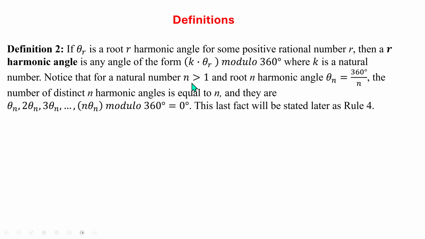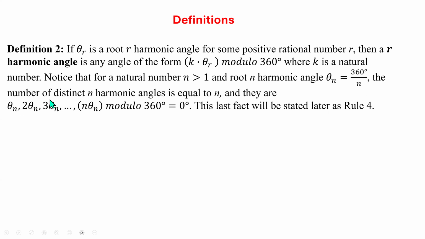Notice that for a natural number n greater than 1, and root n harmonic angle theta sub n equal to 360 degrees over n, the number of distinct n harmonic angles is equal to n. And they are going to be these angles in this order. Theta sub n is the root n harmonic angle.